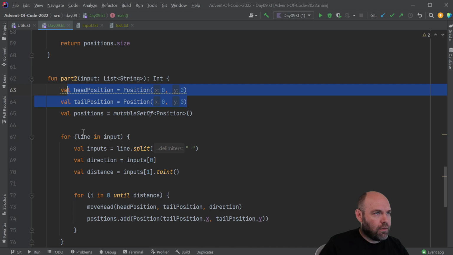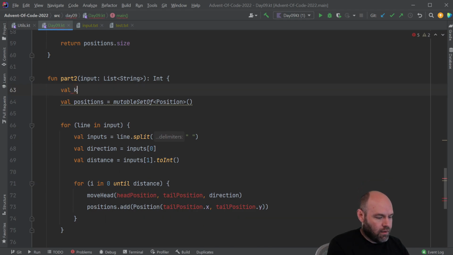So we want just val knots equals an array of position, size 10, right? Is H through 9? Yeah. With each starting as a position of 0 and 0.